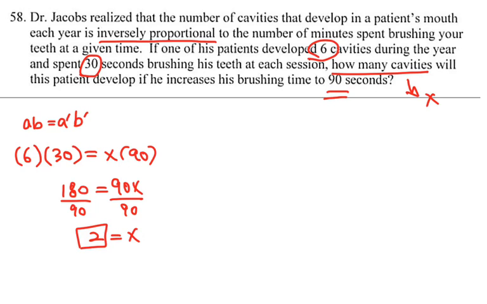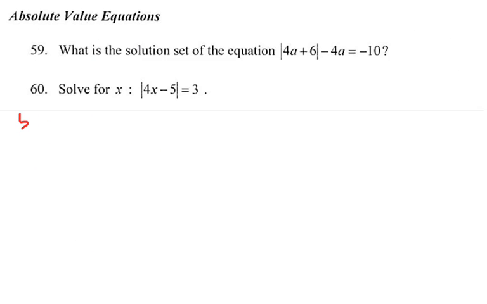Alright, let's look at the next question. Number 59. So we have an absolute value equation. What we want to do is isolate the absolute value first, and then set up the two equations, one with the positive, one with the negative. Alright, that means I'm going to rewrite it as absolute value of 4a plus 6 is equal to 4a minus 10 by adding 4a to both sides.